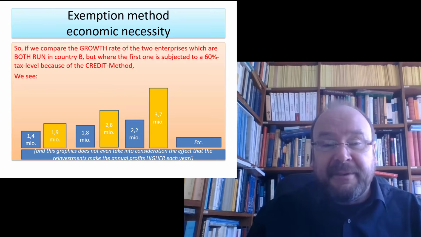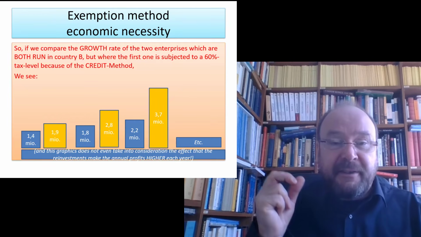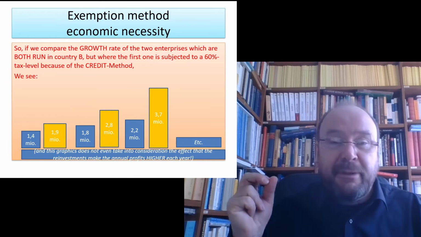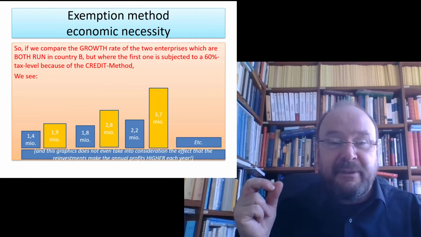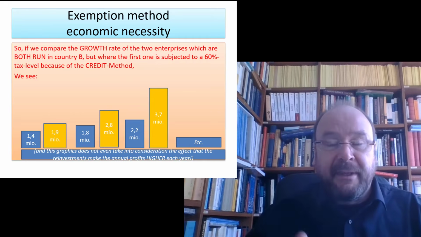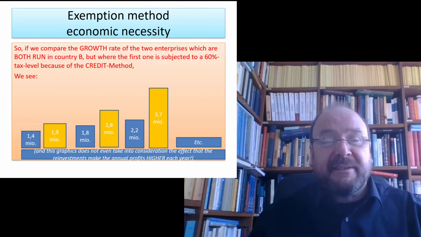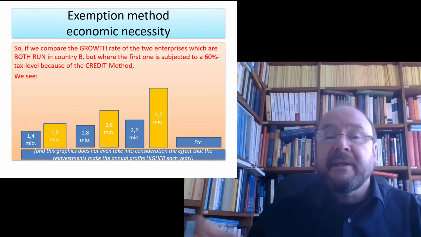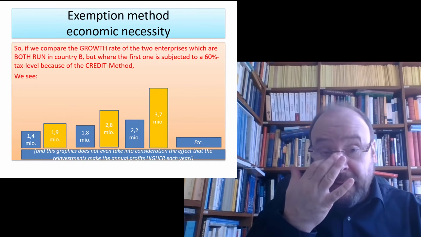So the difference between the market chances, the growth chances of the two competitors would explode over time. It's exponentially different. You did this to the blue investor just by insisting on the additional slice of tax payments to the home country.